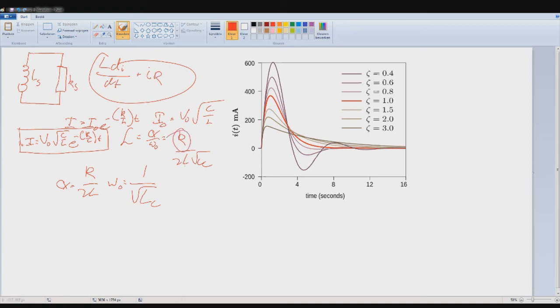But as you can see, the resistance increases from here. At 0.4, you can see peak current, but what you can also see is a negative current, because 0 is here. We get a negative current, which is very bad, because it will then charge the capacitor in reverse, with reverse voltage, and that's just not good, because you might blow up your capacitor.